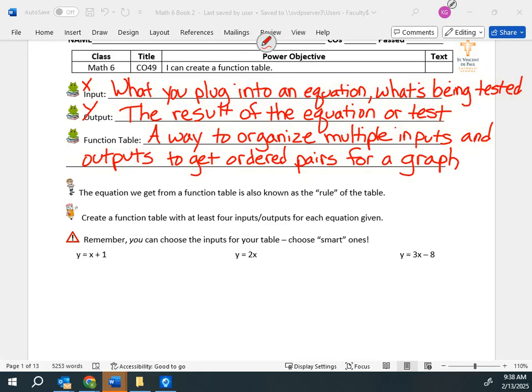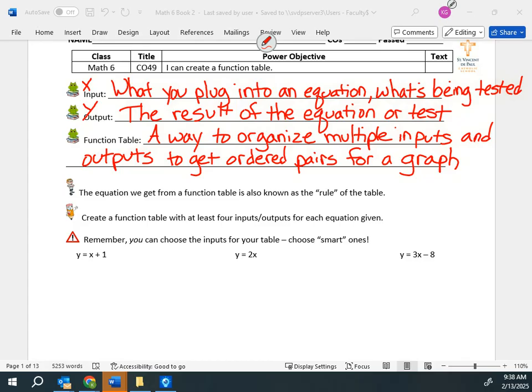So what we put in is the x, and what we get out of it is the y. The equation we get from a function table is also known as the rule of the table. How do we go from the x to the y? What is the rule that we're following?